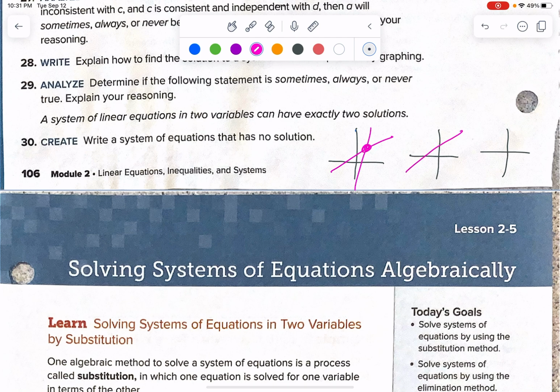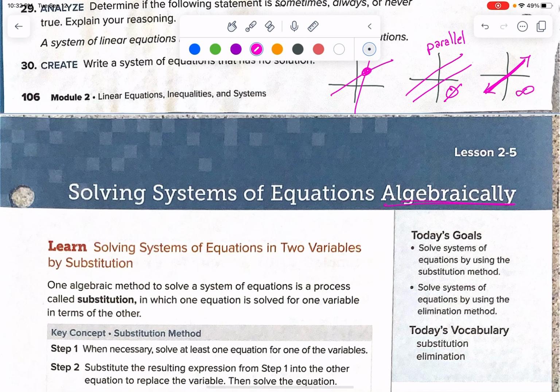Or the two lines don't cross each other because they're parallel, and this has no solutions. Or you could have two lines that are the same line graphed on top of each other, in which case there are infinitely many solutions, because they're touching each other at infinitely many places. We're going to see that today, but by using algebra to solve them rather than graphing.